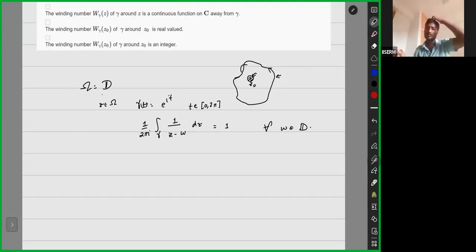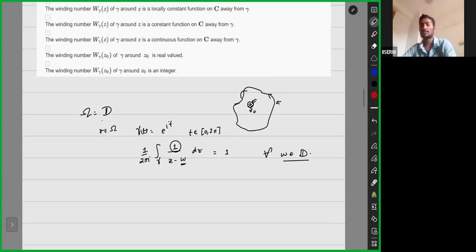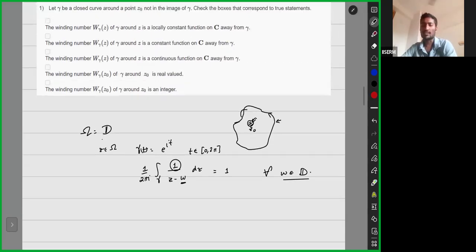So we are using Cauchy's theorem, right? What is the function here? It is 1, evaluated at w. So it is the constant function 1, so the integral is 1. This is just using Cauchy's theorem. So for every w inside the unit disk, the unit circle winds it only once.